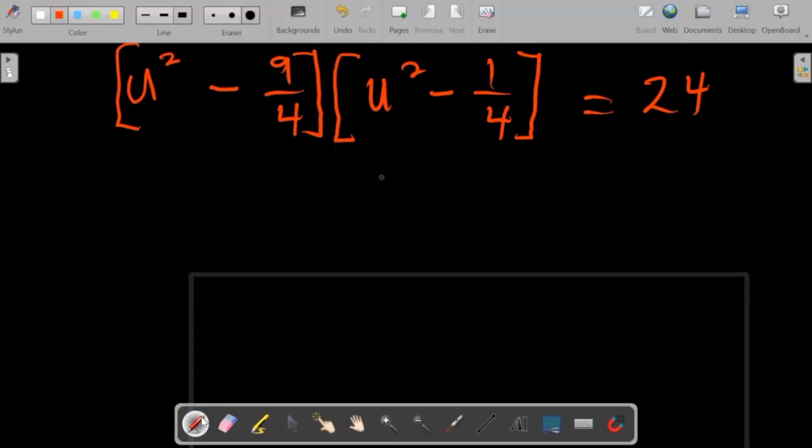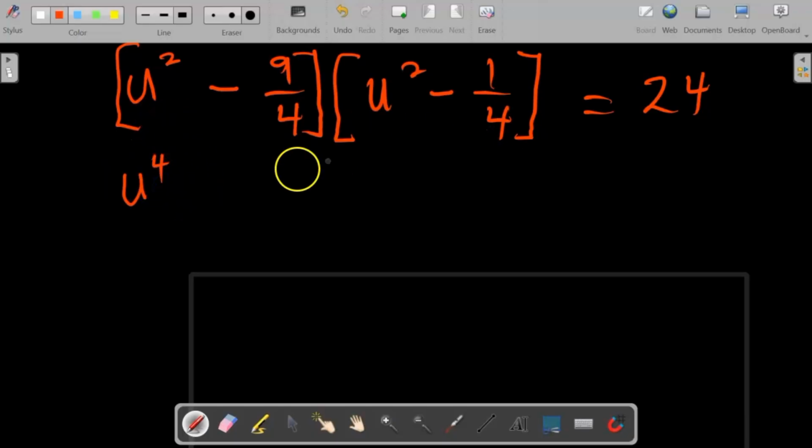So the next thing we are going to do is to expand the quadratic expression. U squared times u squared is u raised to the power of 4.